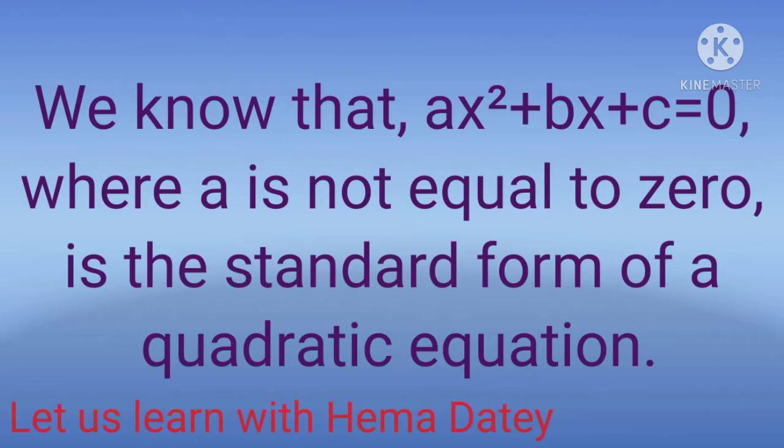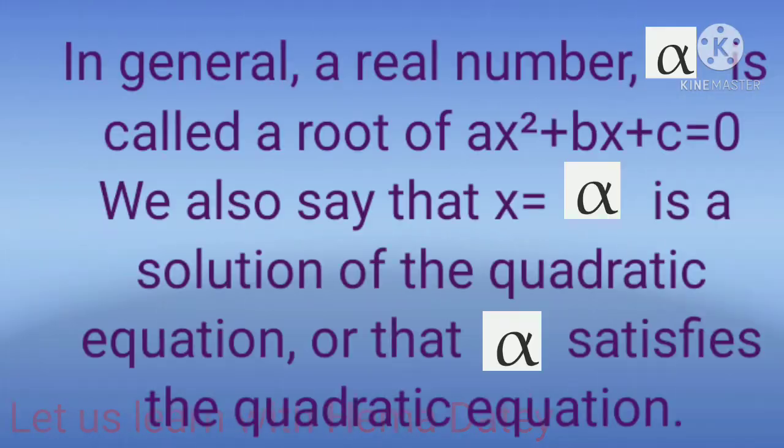We already know that ax square plus bx plus c is equal to 0, where a is not equal to 0, is the standard form of a quadratic equation. In general, a real number alpha is called a root of ax square plus bx plus c is equal to 0.